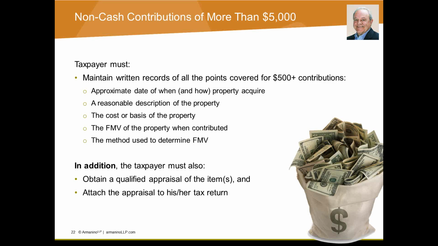When we get to non-cash contributions of more than $5,000, we not only have all the things that we just talked about, which are in the first bullet point, but you may remember again that for gifts of property of over $5,000, the individual must obtain a qualified appraisal of the items and attach the appraisal to his or her tax return. The word qualified always means that there are definitions about what a good appraisal is.